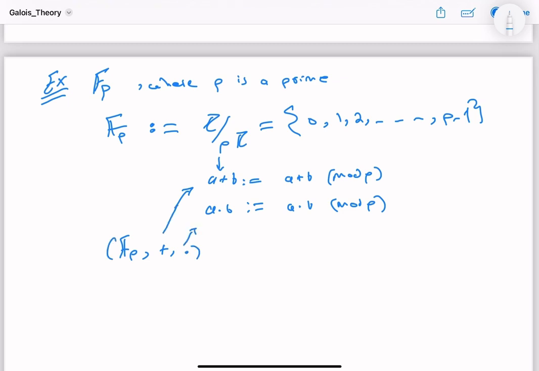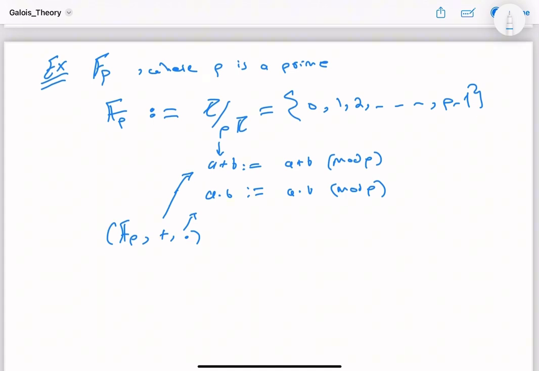This is the field that we're talking about. Why is it a field when p is a prime? Well, I expect you to have seen that this is a ring.